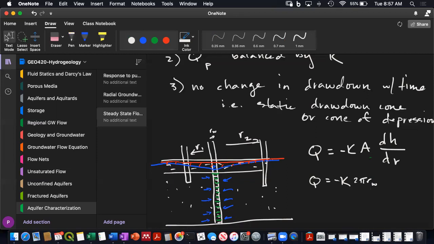Anybody know the equation here? Yep. We're just going to multiply it by the thickness of the aquifer. Boom. So that's the area. This right here is the area across which flow is occurring. Times dH/dr.